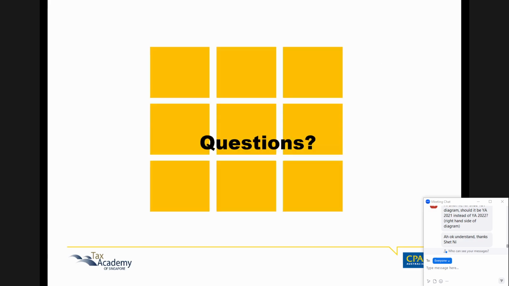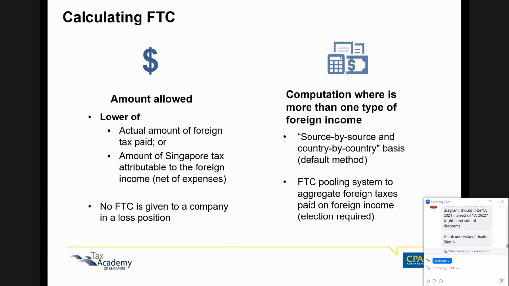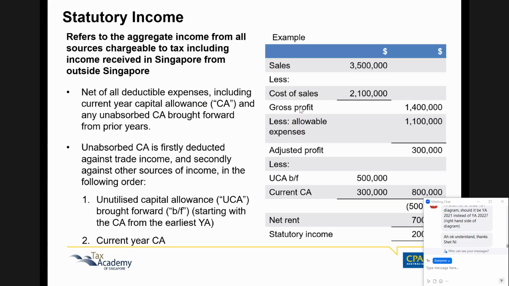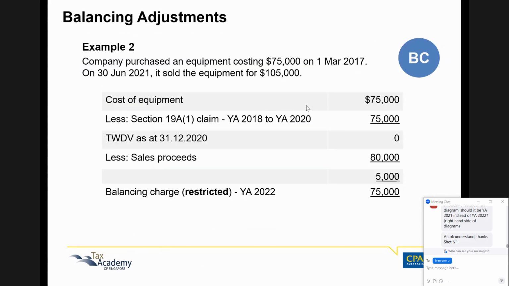Okay, so this is the end of the slides. We still have some time. I think I'll just go through quickly the exam portion. I'll start from the end. Give me a minute.